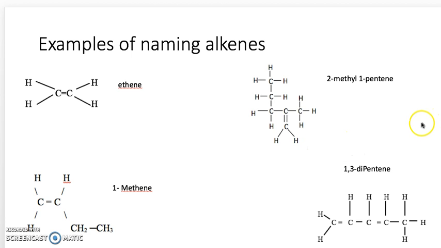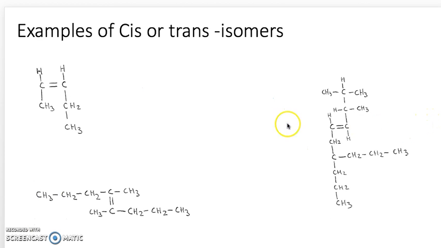Let's look at some more complicated ones with cis-trans isomers. The first one, we have 1, 2, 3, 4, 5, so once again, it's pentene. And we have the double bond at position 2, 1, 2.